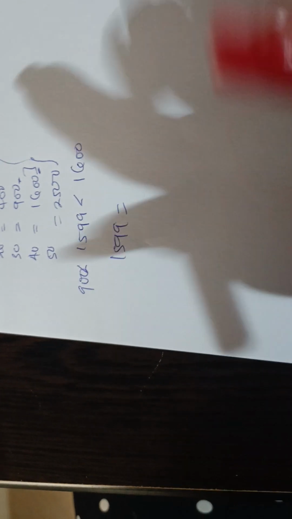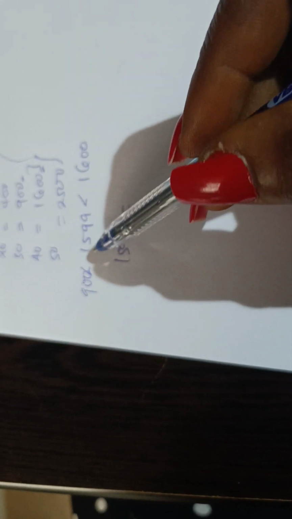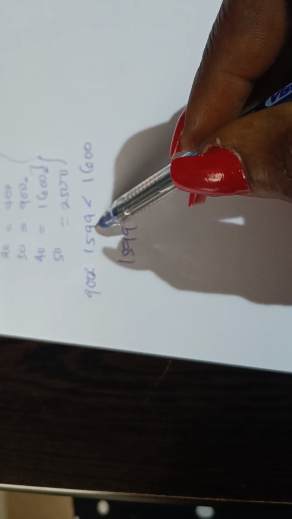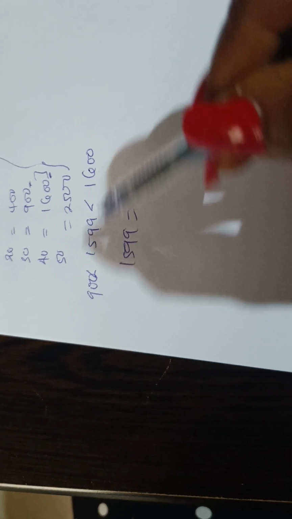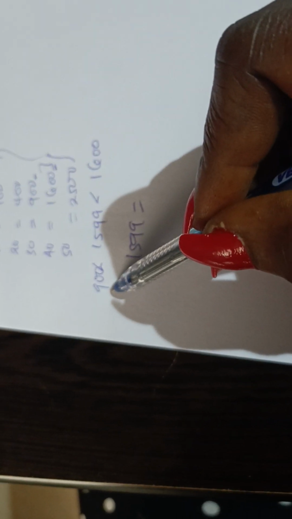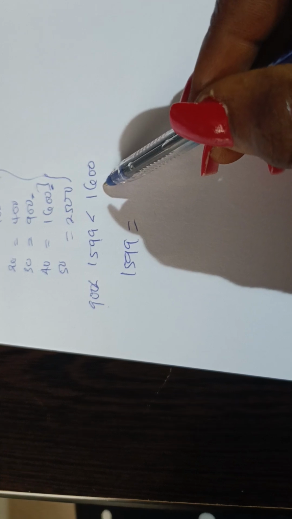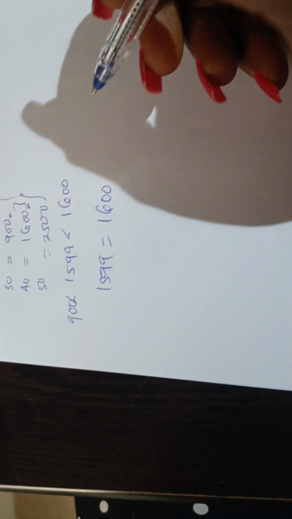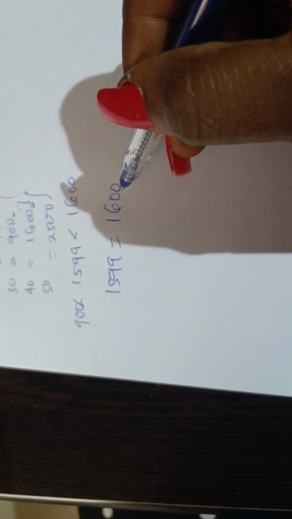So in order to write 1599 in another form, let us ask ourselves this question: is 1599 much closer to 1600 or much closer to 900? Of course it is closer to 1600. So how many units can we remove from 1600 to give us back this number?